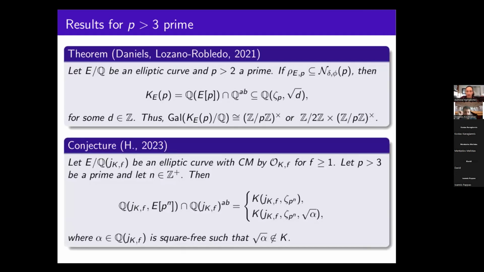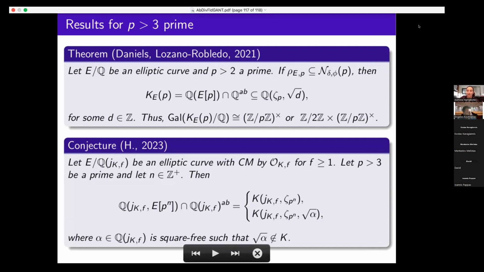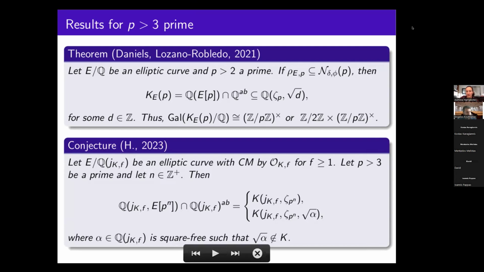So I have the following conjecture. Let E be an elliptic curve over Q adjoin j_K F with CM by order O_K F. If we take a prime p greater than 2, or greater than 3, but I think greater than 2 is fine as well, and n is some positive integer, then the maximal abelian extension is either going to be K adjoin j_K F and ζ_{p^n}, or that with a square root of alpha.